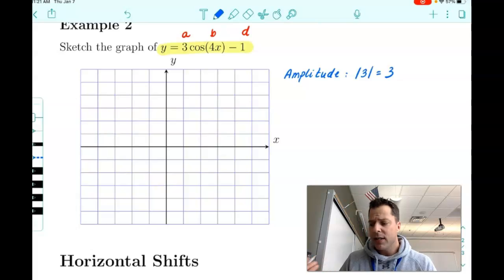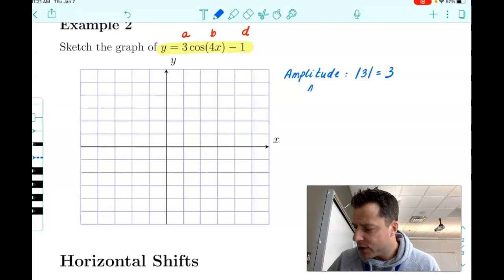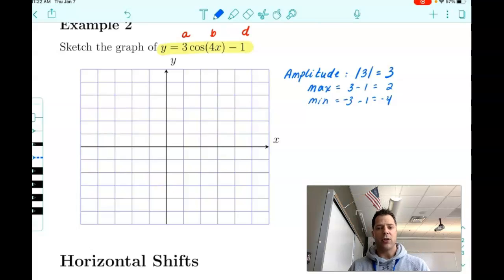The new maximum is going to be your amplitude plus your D value, which in this case is -1. So your maximum is going to be 2, and your minimum is going to be -3 minus 1, which would now be -4, and I'll show you that in a little bit.